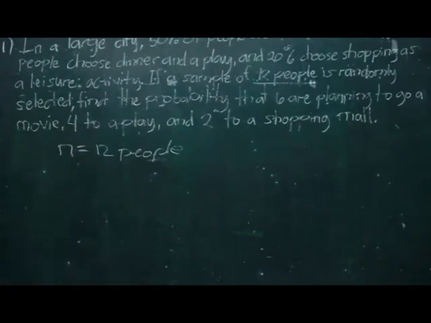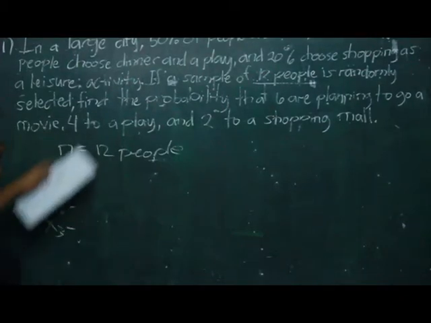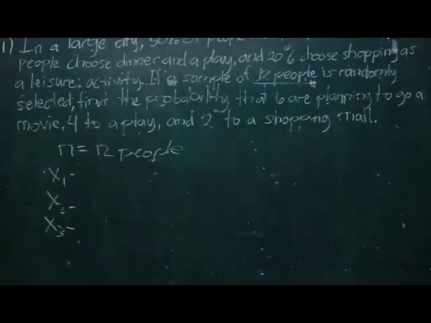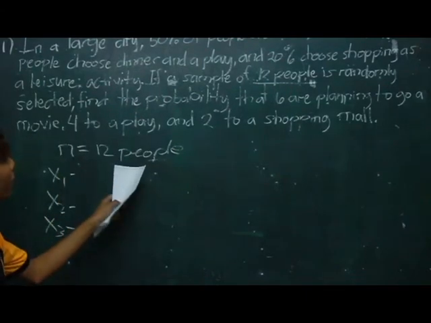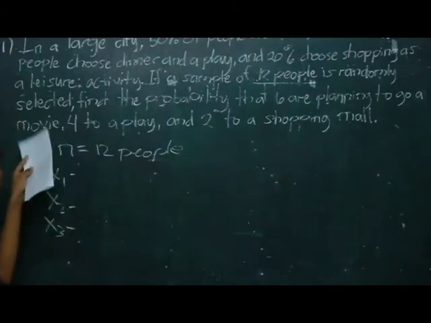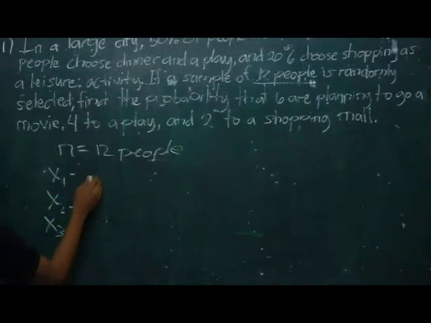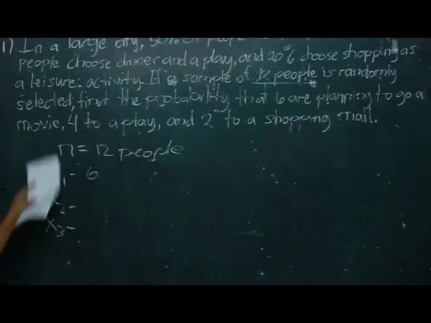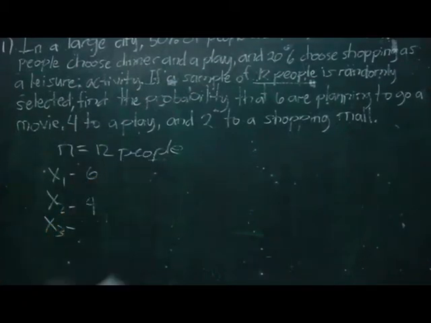Now let's look at our x sub 1, x sub 2, and x sub 3, since there are 3 choices: first, movie; second, dinner and a play; third, shopping as their leisure activity. Since 6 people are planning on a movie, our x sub 1 is 6, our x sub 2 is 4, and our x sub 3 is 2.